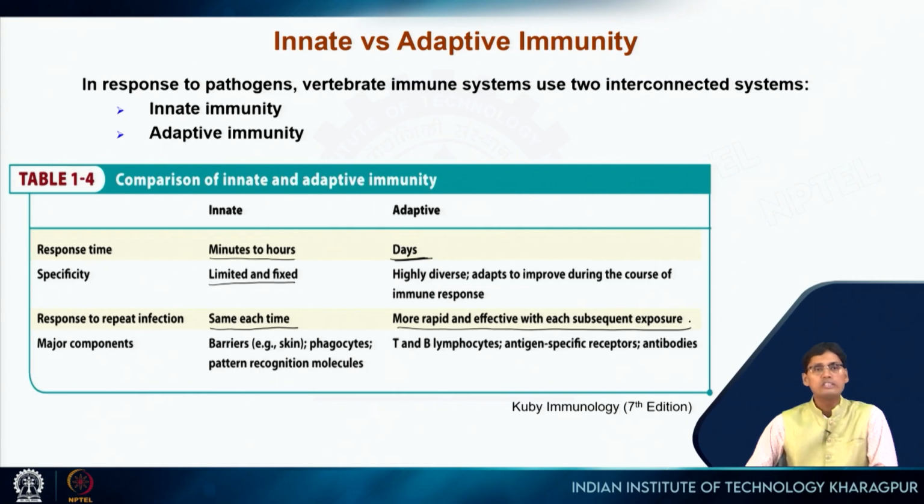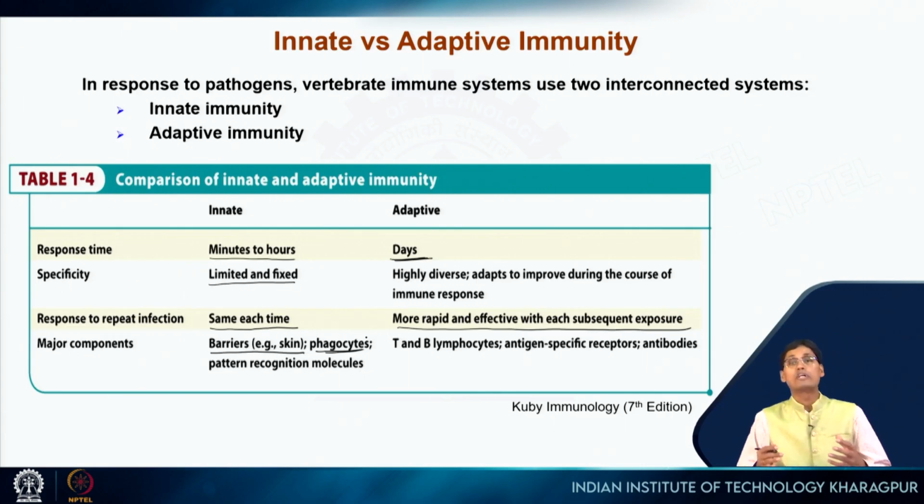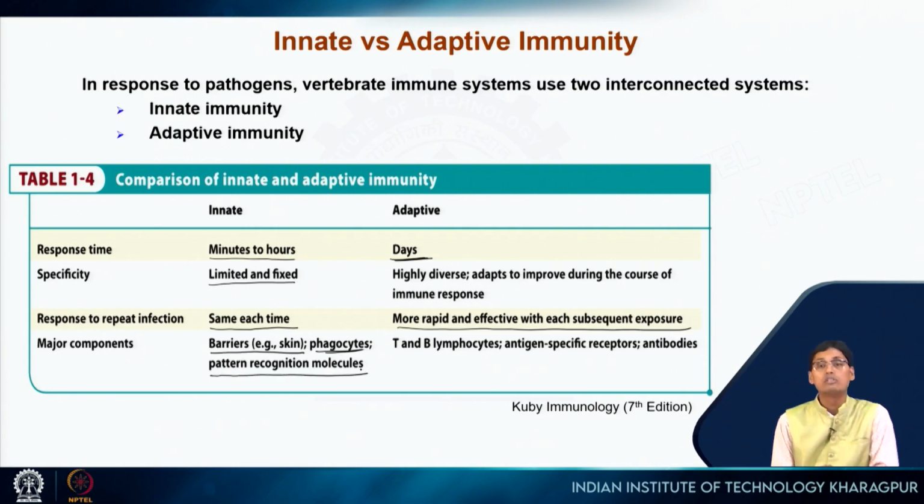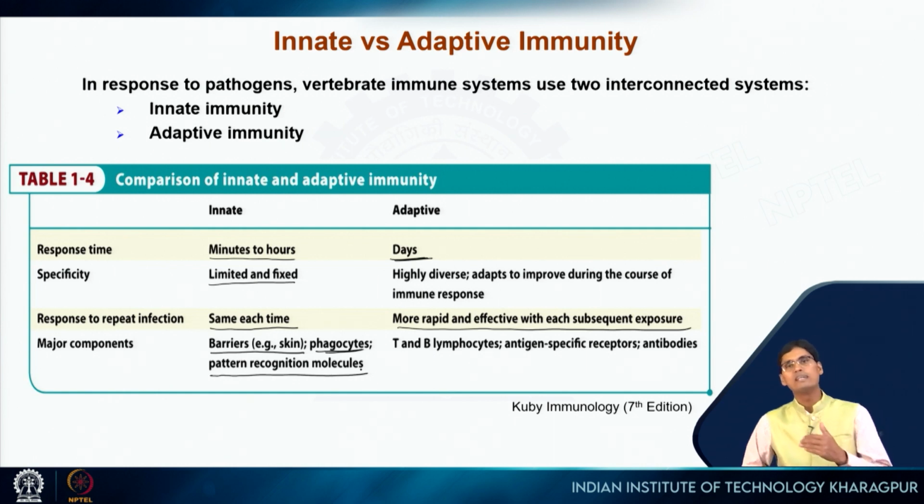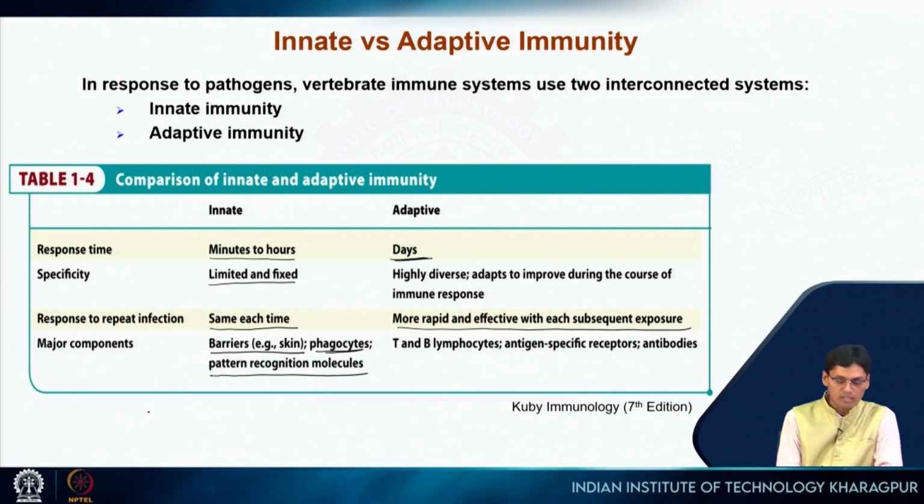Major components of the innate immune system are anatomic barriers, for example skin, phagocytes, those cells which directly engulf microbes, and some pattern recognition molecules. They can understand that microbes or some pathogens are in the surroundings, and they can act on them. On pathogens, there is another molecule called PAMP.